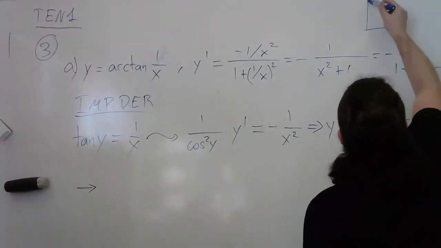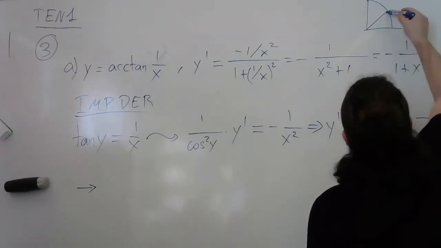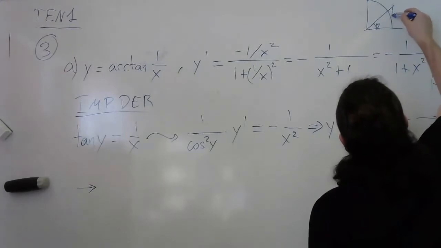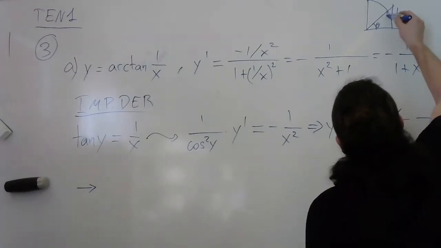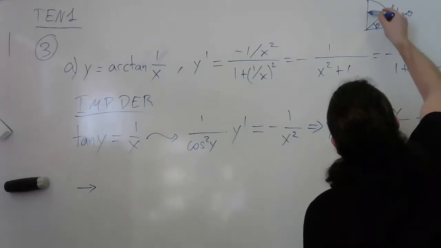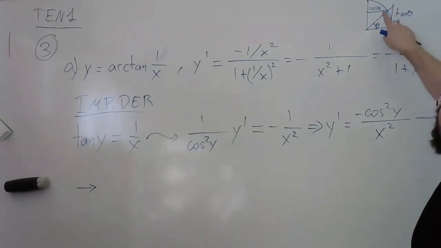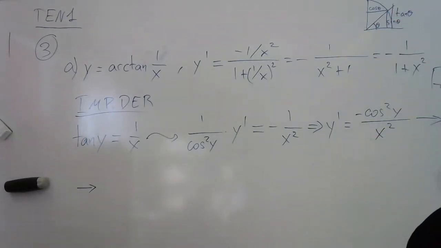In order to do that, we go to our goniometric circle. This is the tangent. This is the sine. This is the cosine. We know the tangent, we need a cosine. What do we do?